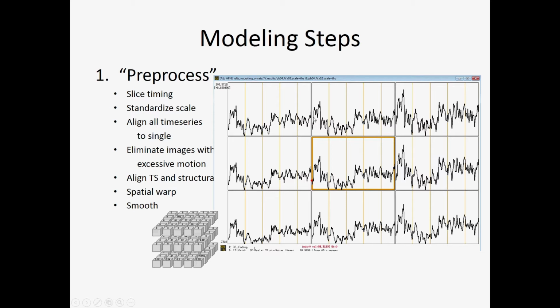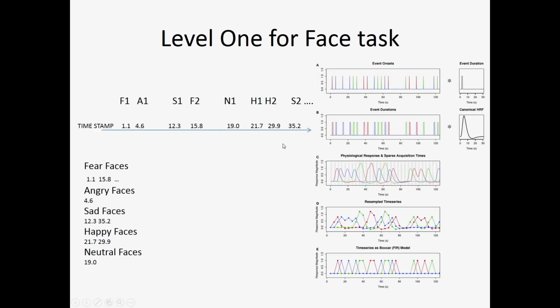And what you end up doing is adding some regressors into that for when each of the different types of stimuli that you're interested in were presented. So the first fear face, the first angry face, the first sad face, the second fear face, and there's a timestamp associated with each one of those. From that you create a regressor of what we expect the BOLD signal would look like if it was responding to this stimulus at this time.